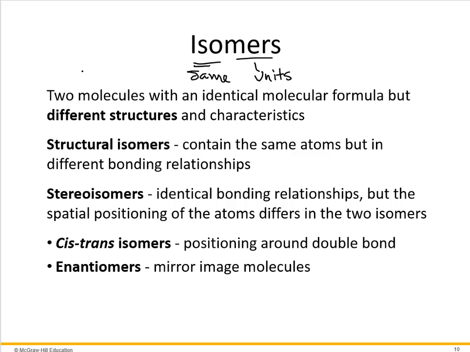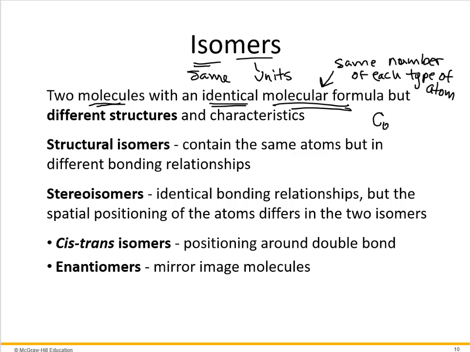In terms of isomers, you have molecules with the same molecular formula, an identical molecular formula. So this means they have the same number of each of the different types of atoms.